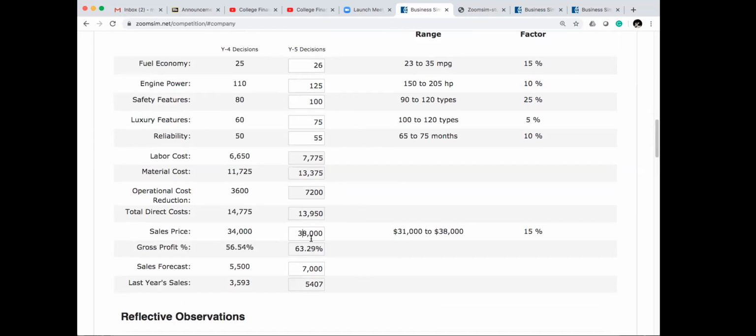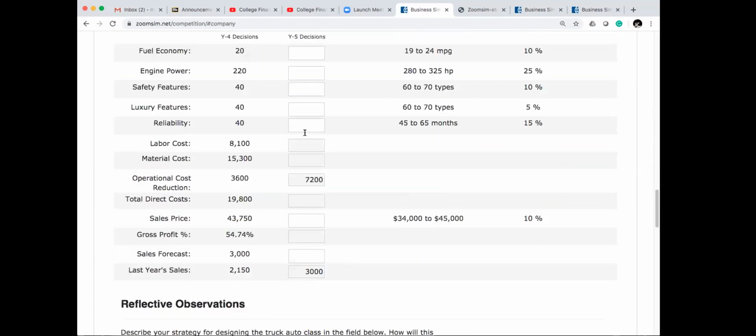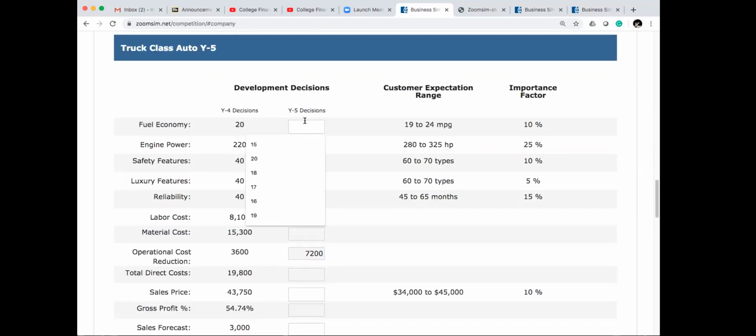So hopefully maybe I could lower my price a little bit. Okay, so as long as I'm going up by 4 to 5 percentage points, I'm happy on my profits here. So I'm going to need them to pay for all the factories I'm going to be making.